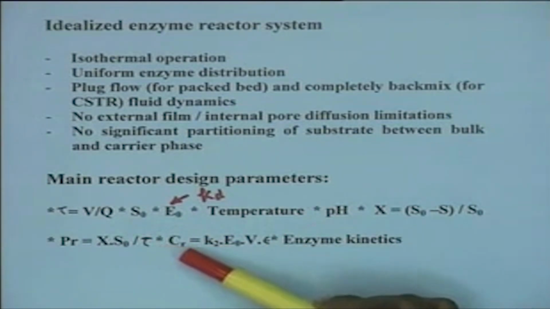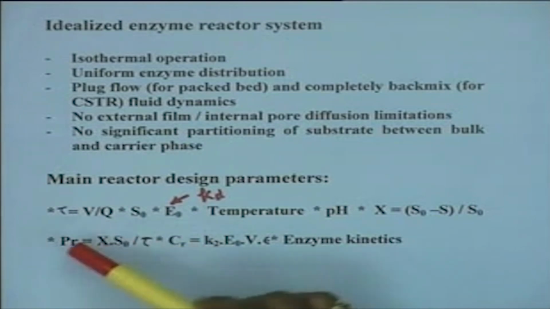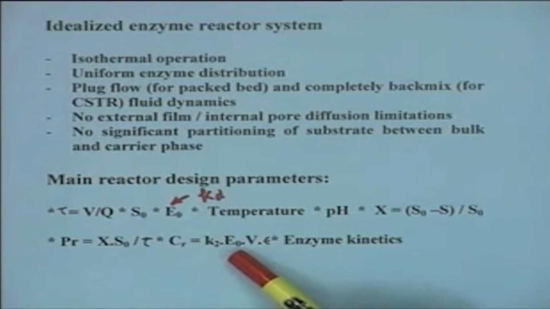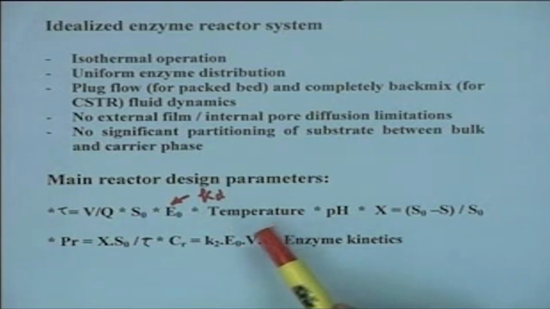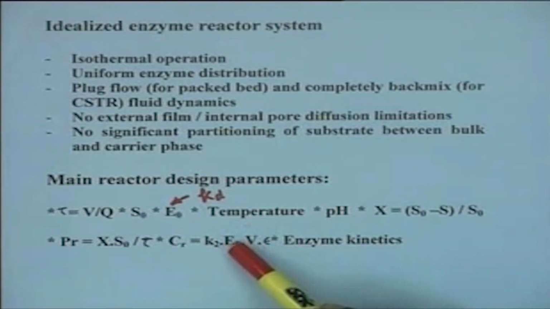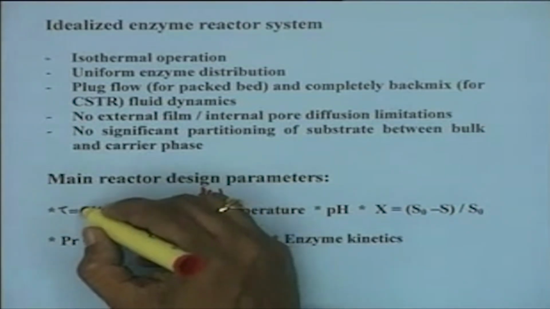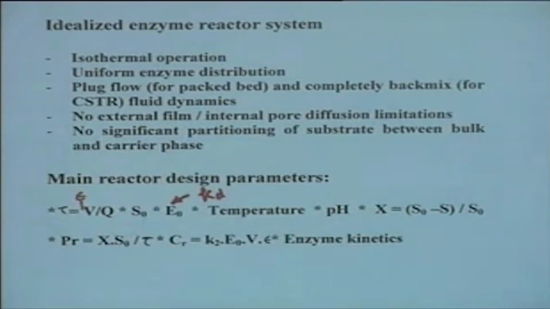Then there is the reactor capacity. Although under a given set of conditions you may get a certain productivity, the reactor capacity will be given by the Vm, the K2 E0 of the enzyme, multiplied by the reactor volume multiplied by the voidage. Of course here, in the case of tau also, we can multiply it by voidage if you want to consider a broader picture of a packed bed reactor, because this reactor volume V is not the packed bed volume, it is the volume of the fluid in the reactor.